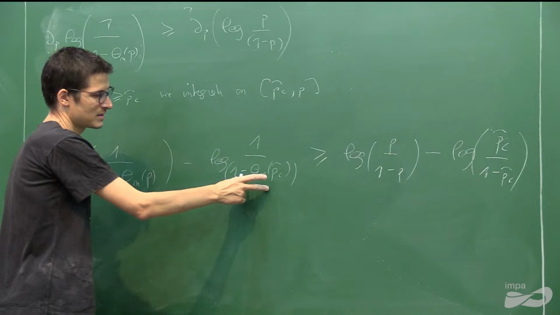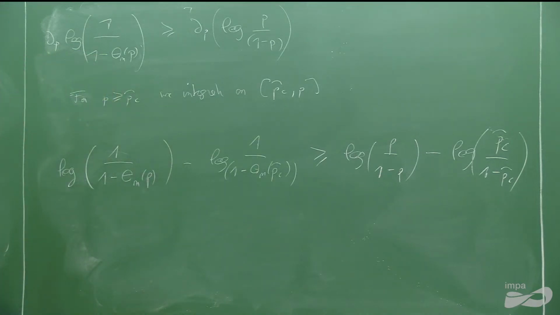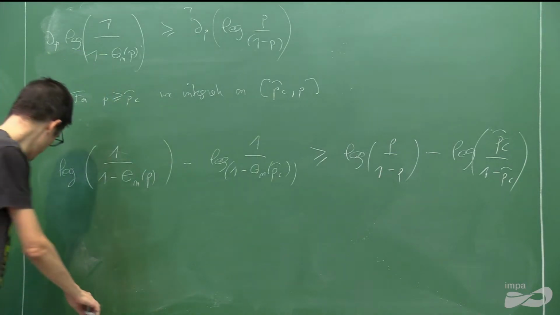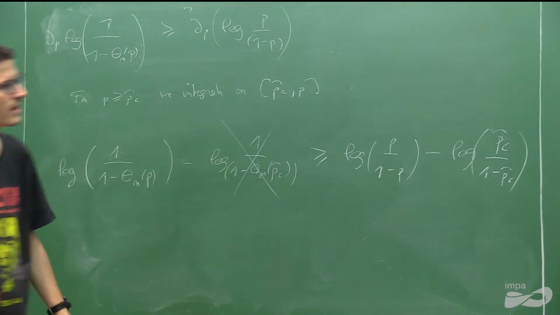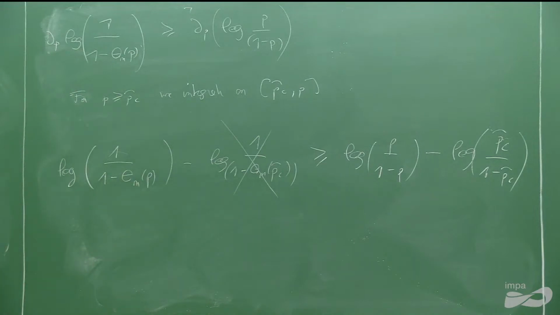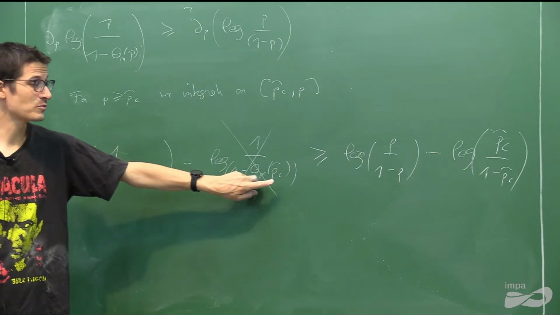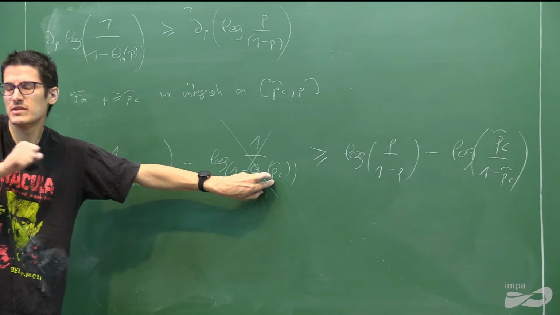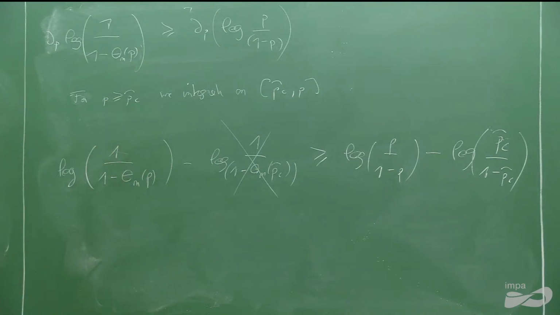So this means that this is larger than 1, so this log is positive. This means that this inequality is still valid without that term. There is no big harm in deleting this, because we expect this to tend to 0 anyway when n goes to infinity. So taking this away should not be a big deal.